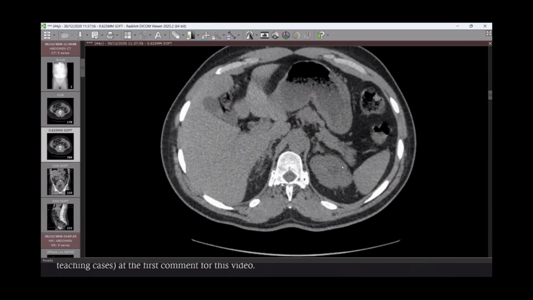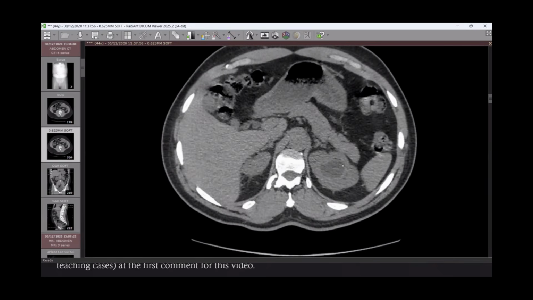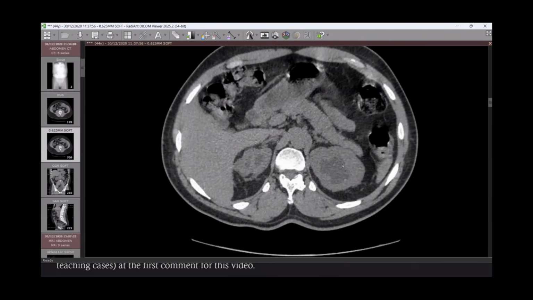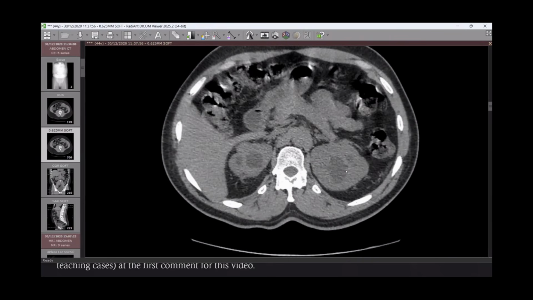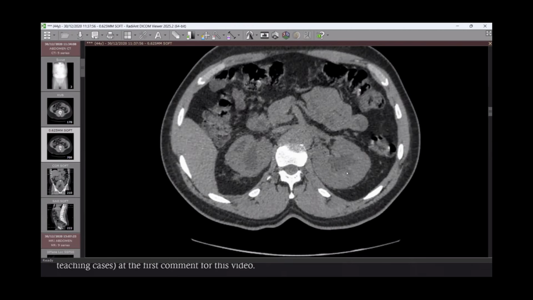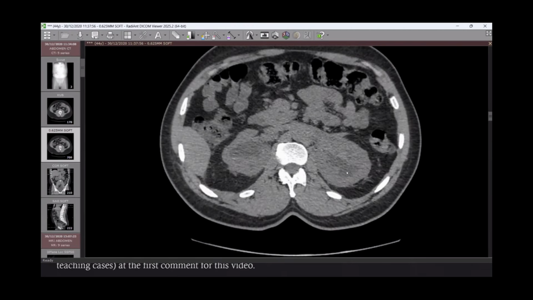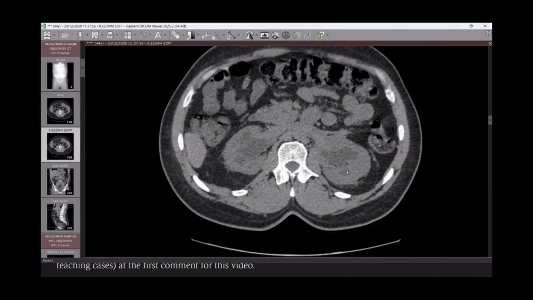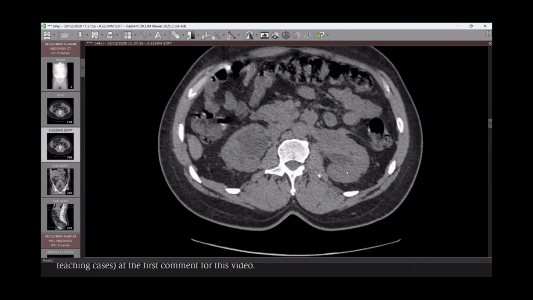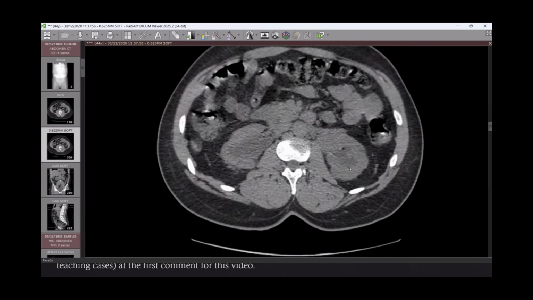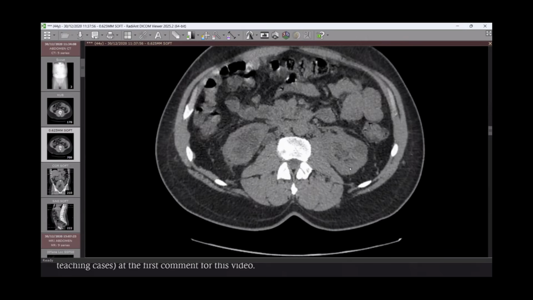As I'm going down, I can see that the liver appears homogeneous. I can see the left kidney is enlarged in size and has some hypodense area in the region of the renal pelvis.